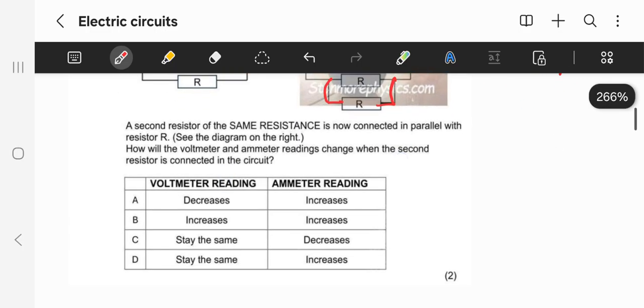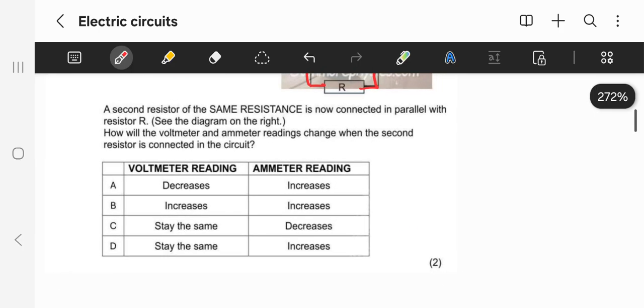The options we are going to look into in terms of the voltmeter and ammeter readings have to do with the current increasing and the voltage being the same. So here we see that current increases, but the final nail in the coffin is finding out what happens with the voltmeter reading. The voltmeter reading, guys, does not decrease in a parallel connection, but it stays the same. So the correct answer here is going to be D. Okay, that's how we answer our multiple choice.